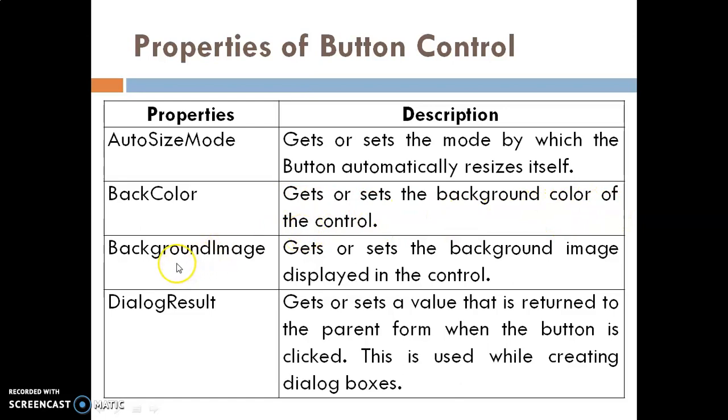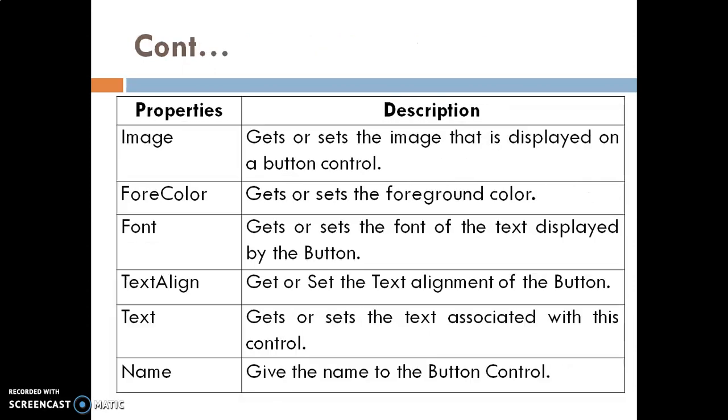Now third property is background image. It is used to get or set the background image to display in the button control. Now fourth property is dialog result. It is used to set a value that is returned to the parent form when the button is clicked. This is used while creating dialog boxes.